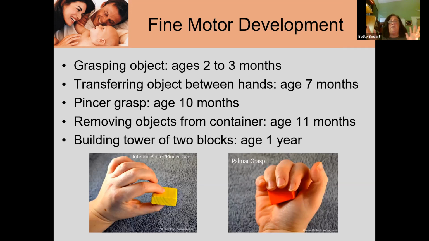You're going to see them grasping those things about 2 to 3 months. All of a sudden, about 7 months, they're going hand to hand. And then the grasping goes to that little pincer. It starts crude with maybe a hand, maybe Cheerios on the high chair, swoosh in the face, but then they can pick up 1 or more at a time. Then it goes to removing objects from a container, about 11 months old.